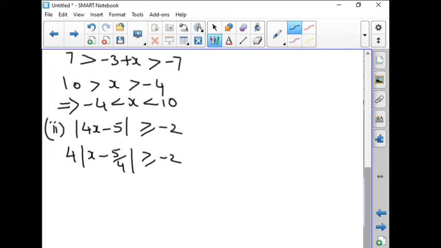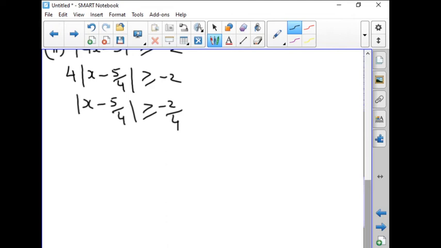So now take 4 to the other side. Therefore, it becomes modulus of x minus 5 by 4 is greater than or equal to minus 2 by 4. So, what is minus 2 by 4? Modulus of x minus 5 by 4 is greater than or equal to minus 1 by 2.